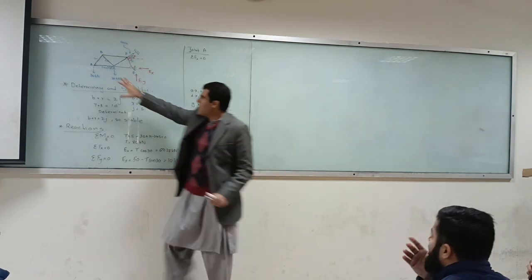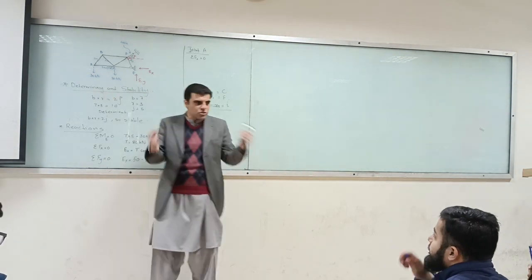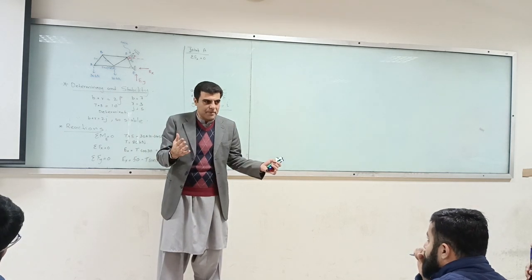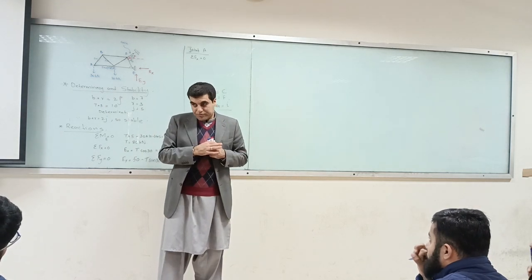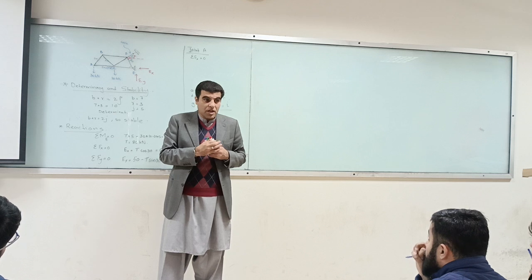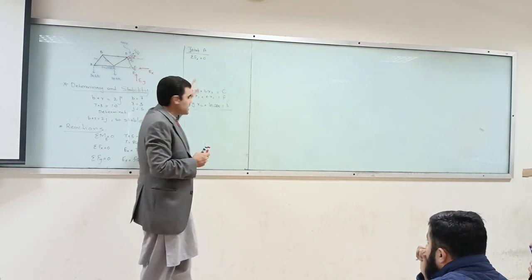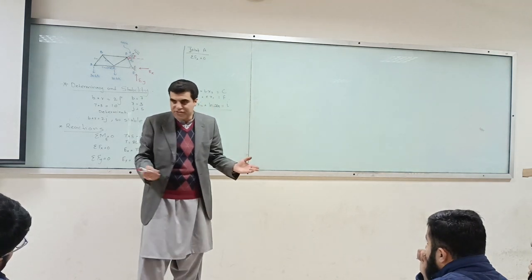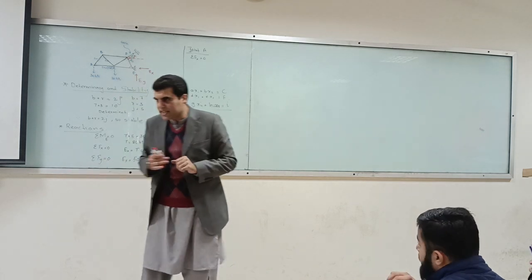So we have to see which one we should use. Are they both simultaneous? Then it doesn't matter. Whichever you apply, summation of Fx, Fy, you need two equations anyway to solve that. That is another story.